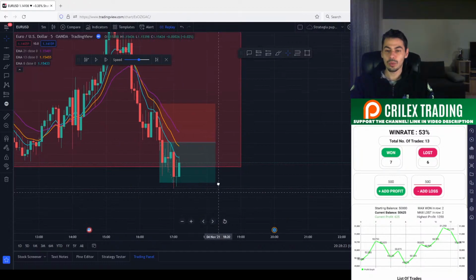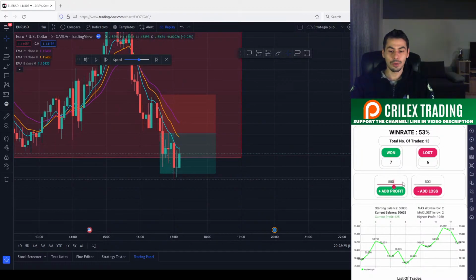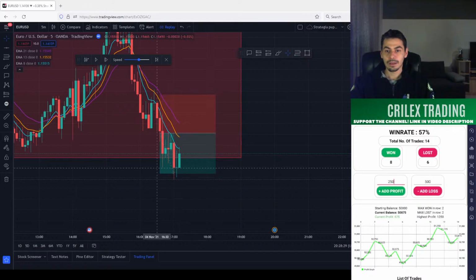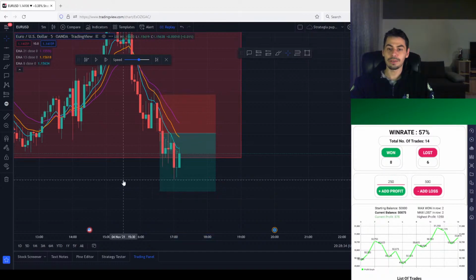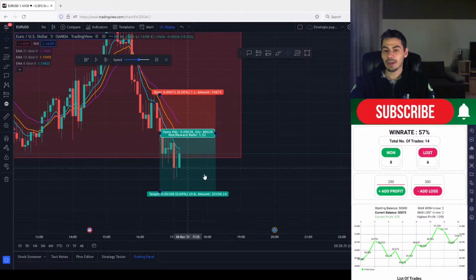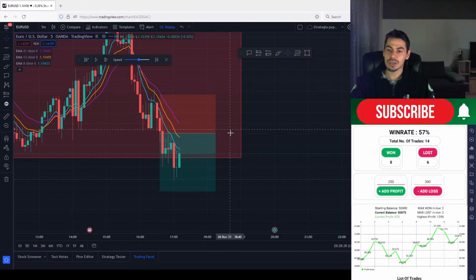Okay, we get the 1-to-1 covered, so we will add the profit. And now we will be looking for the position to reach at least 1.5-to-1. The position that we have running now has no risk on the table, so the stop loss has been moved to break even. So from this point on, we won't lose anything more if the position reverses on us.